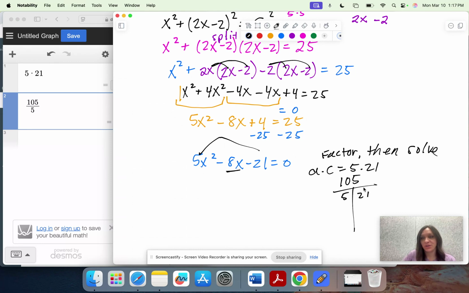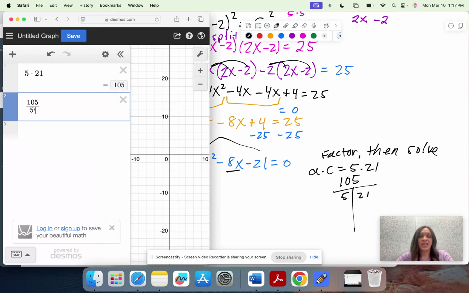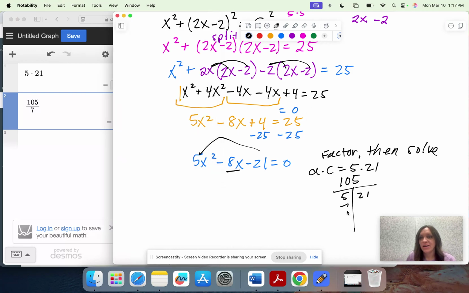That's not going to get us to 8. And I'm just going to keep adding numbers. 3 and 35, 7 and 15. That's it. 15 minus 7 is 8, except I need it to be negative 8. So it's going to be 7 minus 15.